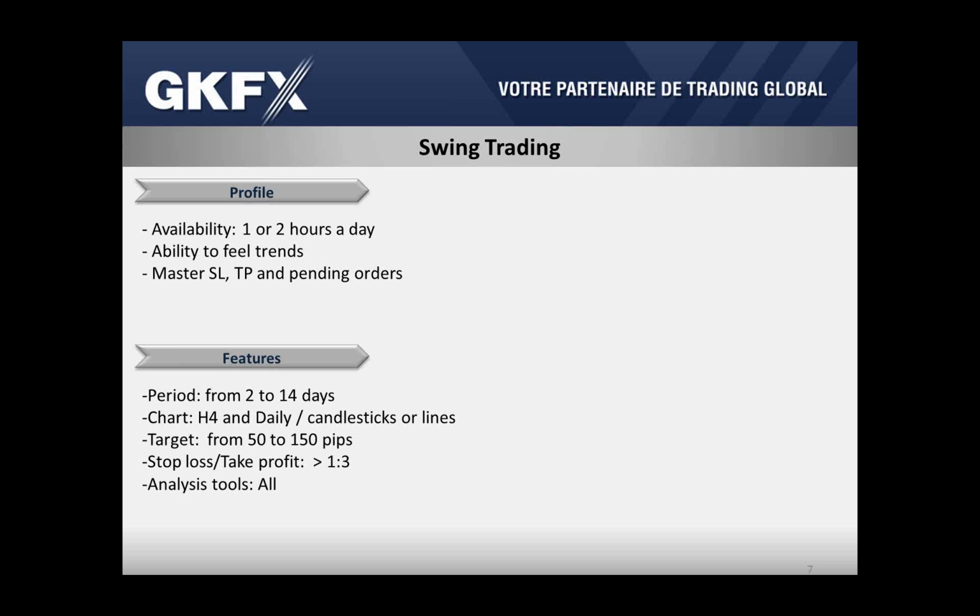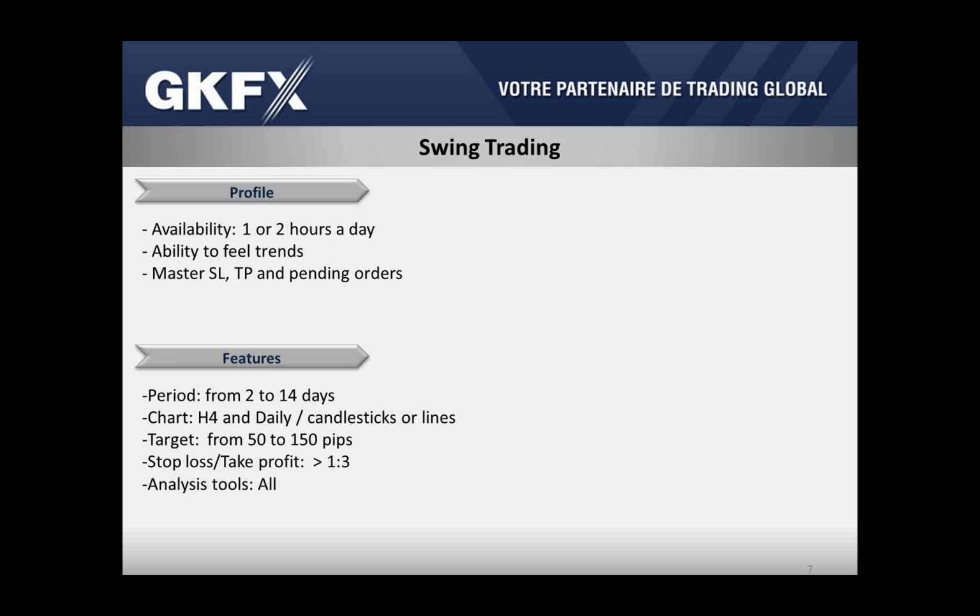The target, once again, is wider, from 50 to 150 pips. Once again, it depends on the chart configuration and depends on the pair. And the risk ratio between the risk and the potential profit is over 3, 1 to 3.